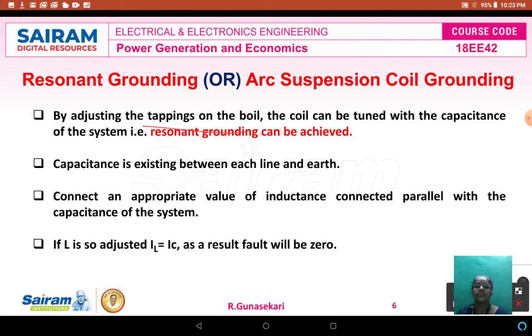The capacitance exists between each line and earth. The inductance is connected in parallel with the capacitance of the system. If the inductance of the suppression coil L is adjusted so that IL equals IC, the resultant fault current will be 0.